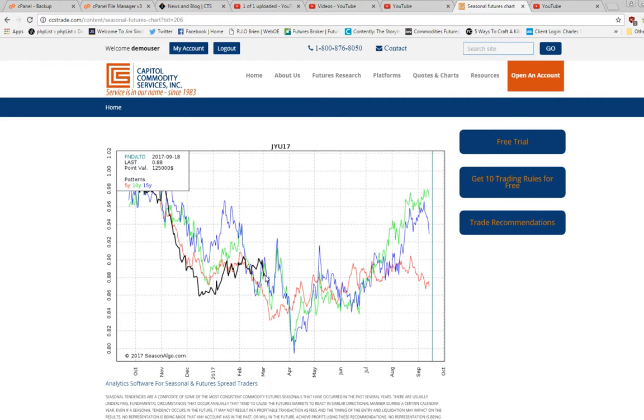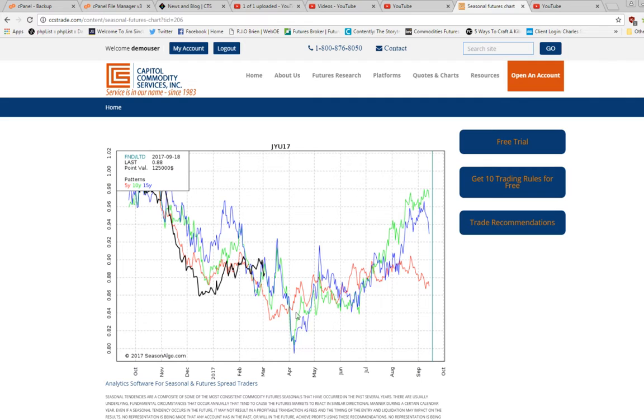Okay, so from a trader's perspective, you wouldn't want to make a trade based solely on a seasonal, and particularly off just a 5-year seasonal. But if you delve a little deeper, it looks like the better opportunity might come in early April when both the 10 and 15-year contracts have shown a tendency to bottom in that time frame.